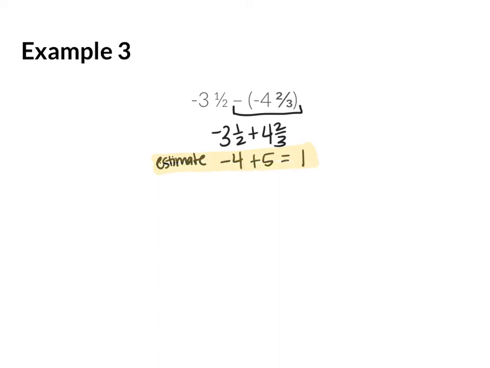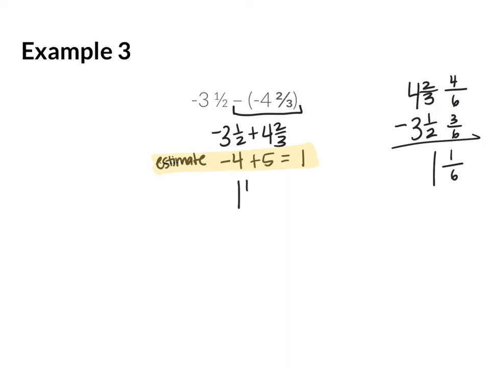When I go to actually solve it over to the side, I know that I'm going to need to subtract again. 4 and 2/3, subtract 3.5, and I already did that subtraction the first time. 4/6 and 3/6 gives 1/6, and 4 minus 3 is 1, and this time my answer is positive because there are more positives than there are negatives. Here's one for you to try on your own.